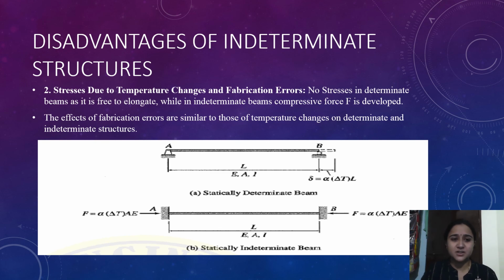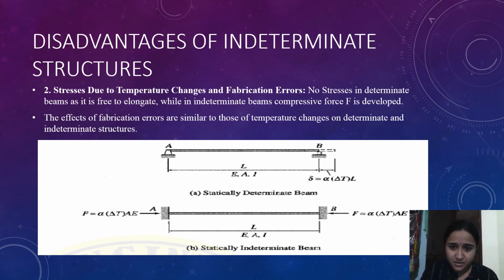Then the second disadvantage: stresses due to temperature changes and fabrication errors. There are no stresses in a determinate structure, as the beam is free to elongate, while in an indeterminate beam a compressive force F is developed. The effects of fabrication error are similar to those of temperature changes.